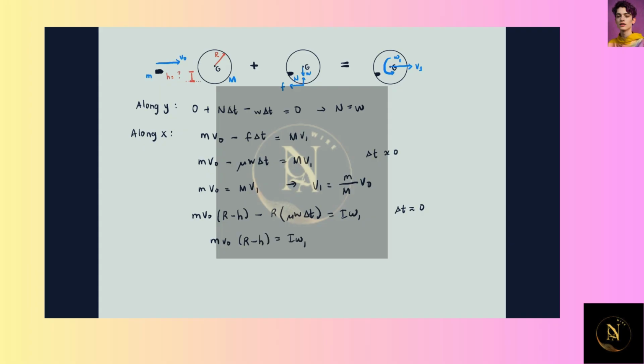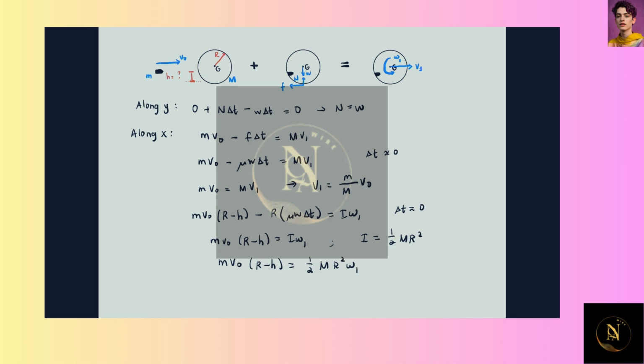The moment of inertia of a solid disk is given by I equals 1/2 M r squared. Substituting that in the equation, we get m v sub o times r minus h equals 1/2 M r squared omega sub 1.